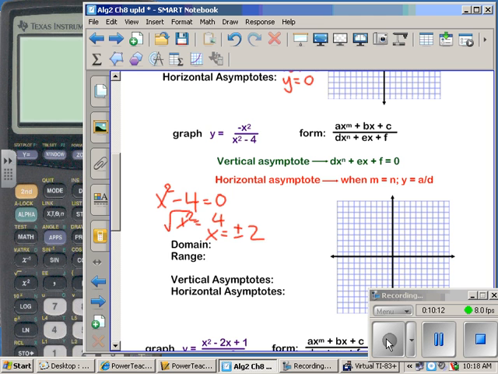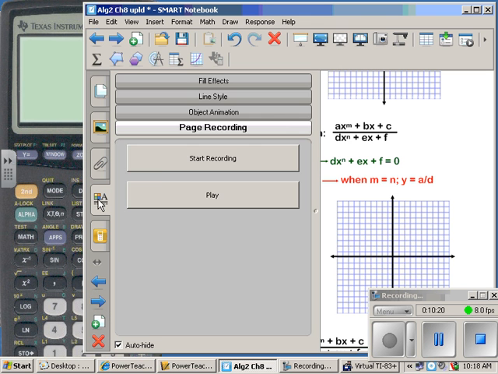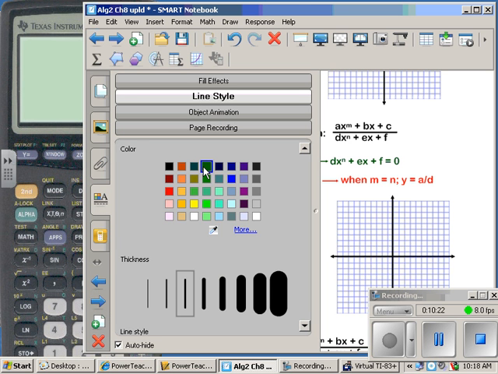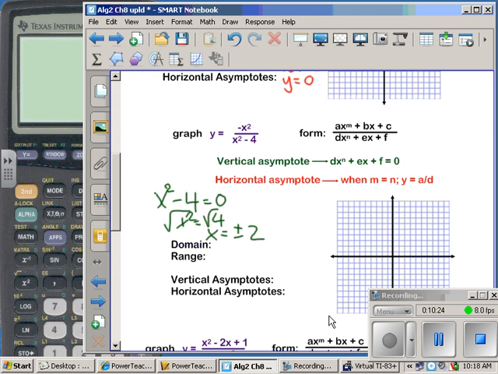Okay, so my vertical asymptotes, I should have done all this in green. My vertical asymptotes are going to be at positive 2 and negative 2. Positive 2, negative 2.